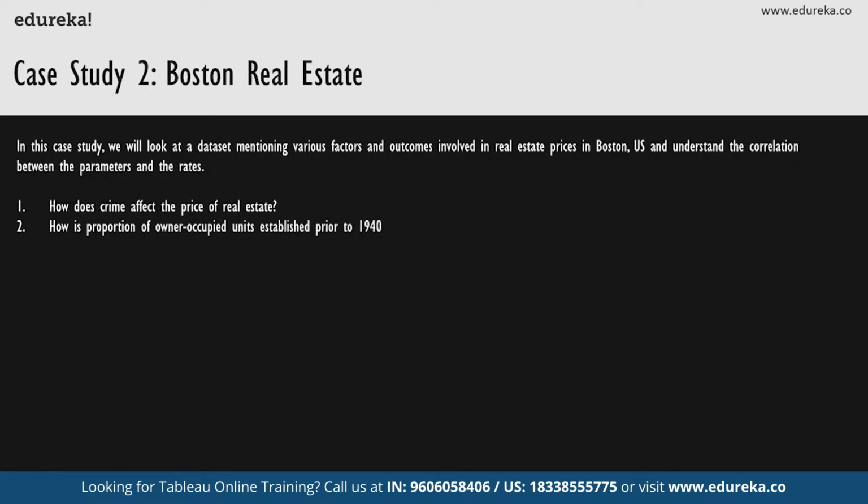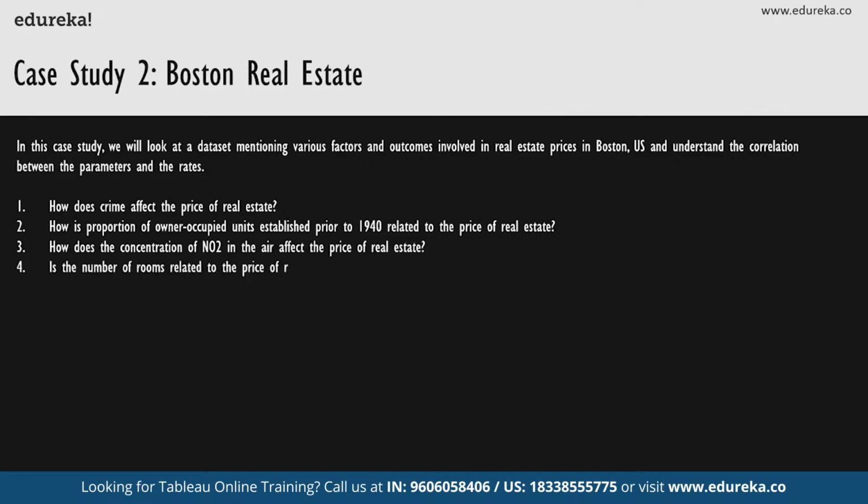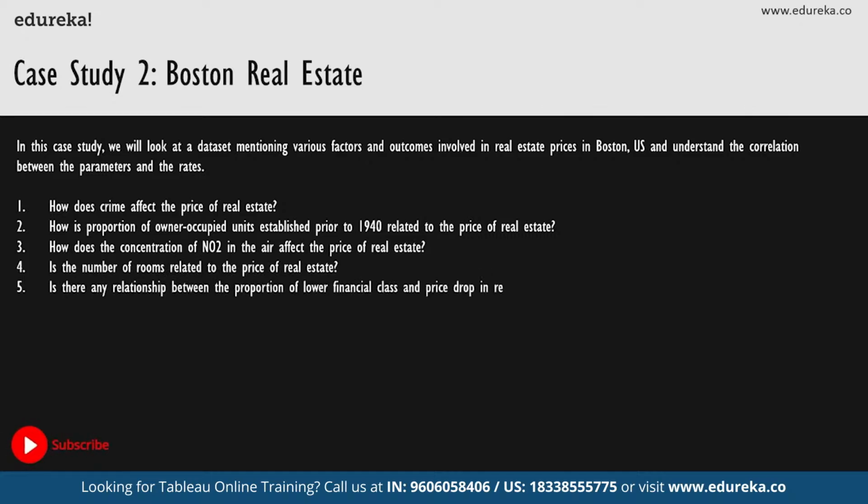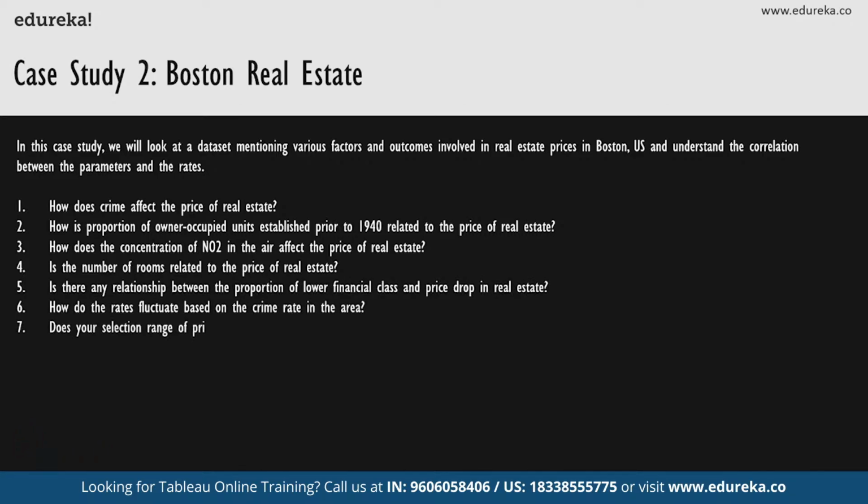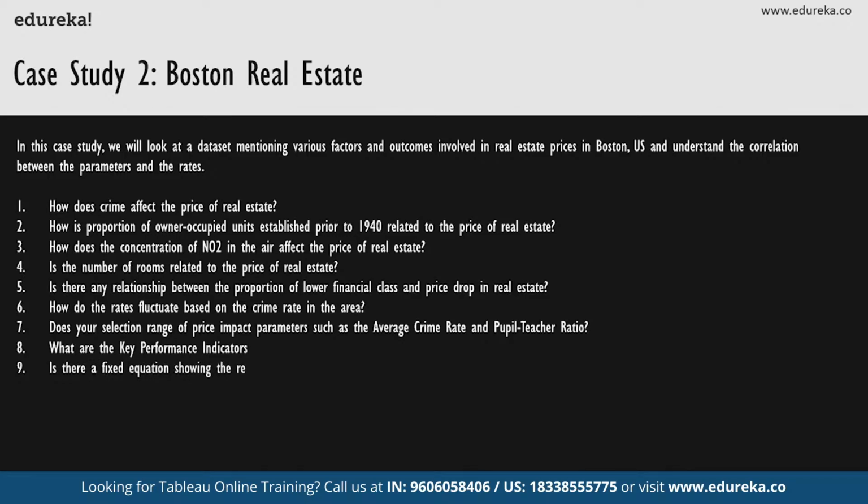Through this exercise, we will try to find out how crime affects the price of real estate, how the age of the building or the proportion of owner occupied and established buildings affect the price of the estate, how the number of rooms is related with the price of the flat you take, and how these rates vary in time.